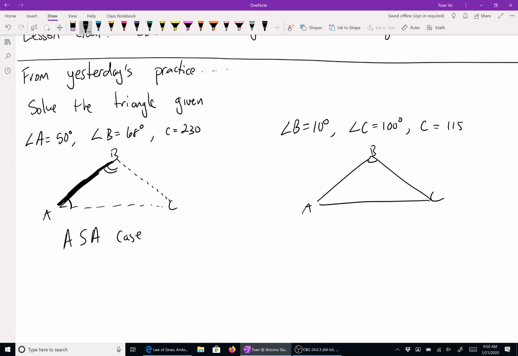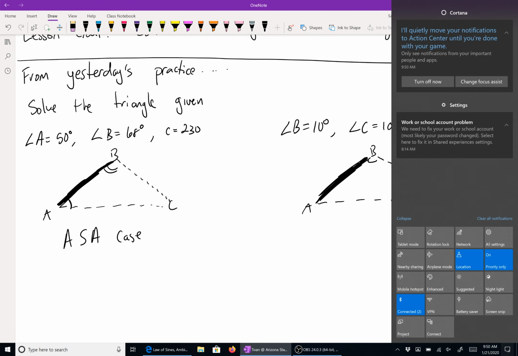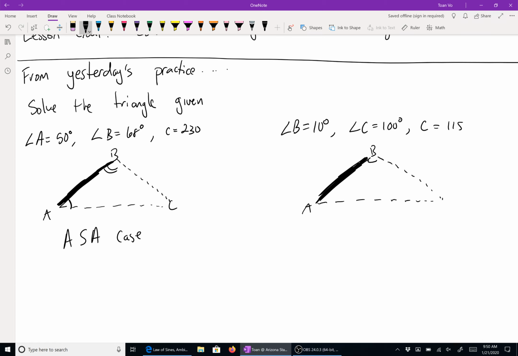They gave you angle B, angle C, and side C, which I will bold like this. So everything else, I'll do a dashed line indicating that they did not give it to us. So they did not give us side B, they did not give you side C, or side A, excuse me.